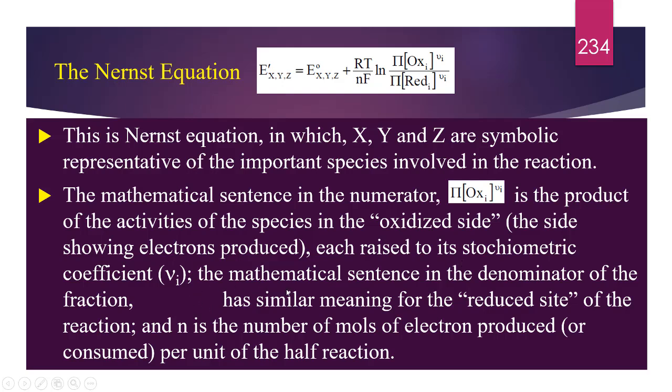The mathematical expression in the denominator of the fraction has similar meaning for the reduced side of the reaction, and n is the number of moles of electrons produced or consumed per unit of the half reaction.